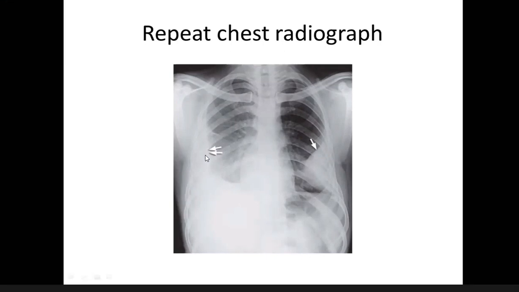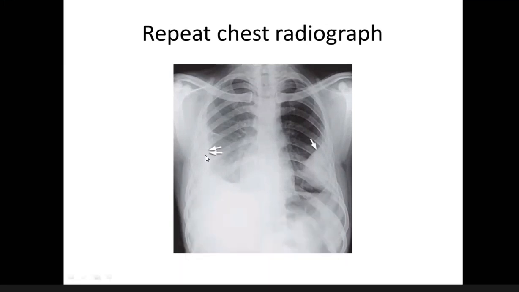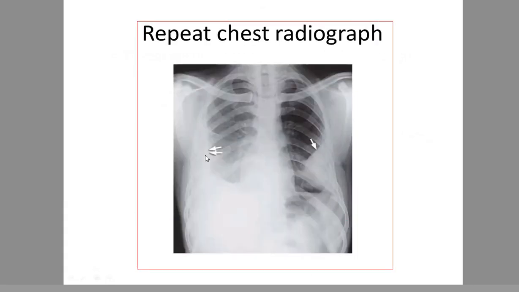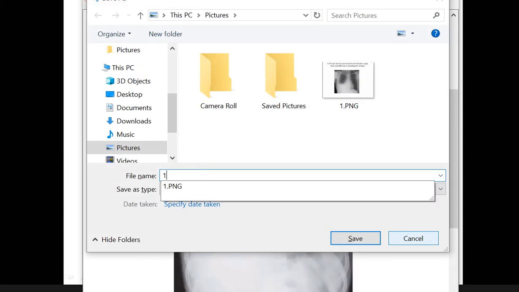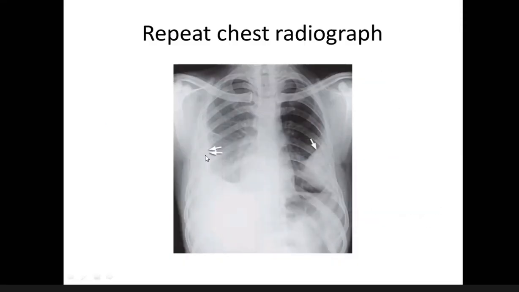For all these septae to appear, do you need more proteins or less proteins? More proteins, obviously. Only then can all these strands be formed, and then the pleural fluid will accumulate in small compartments.